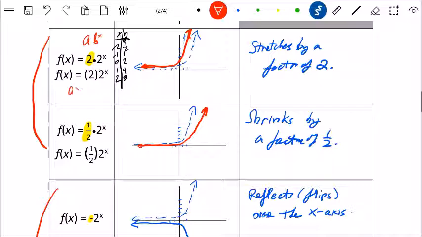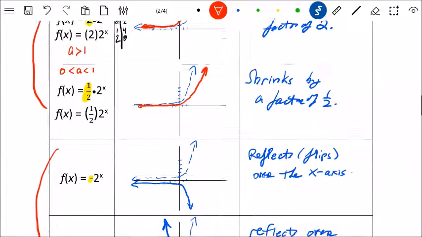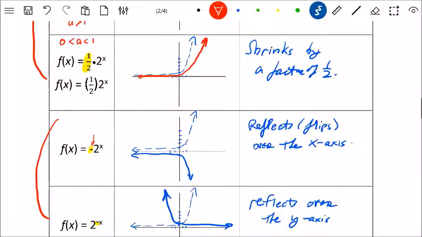So in this case, A is greater than 1. Here, A, whoops, let me do 0, A, and 1. A is greater than 0 and less than 1. It can't be less than 0 because then it would be this kind of situation, a negative. And then that would do something different. That would reflect it.